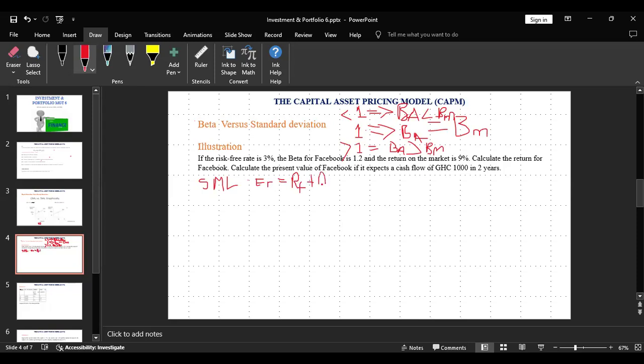So beta for Facebook. We are naming the investment F, Facebook, into brackets. We have market return minus risk-free.